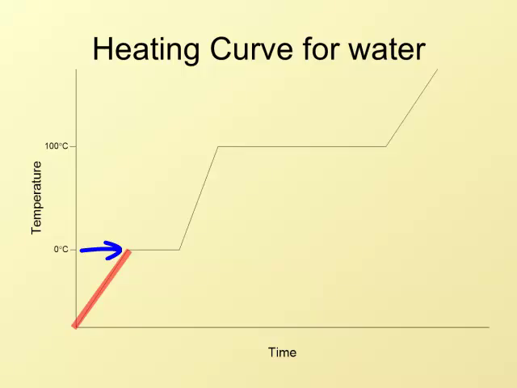What's happening at 0 degrees Celsius that's using that heat? The water is melting. The heat is being used to weaken the attractions between the particles. The temperature remains constant until the phase change is complete.